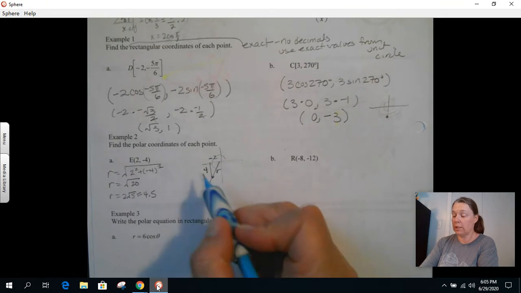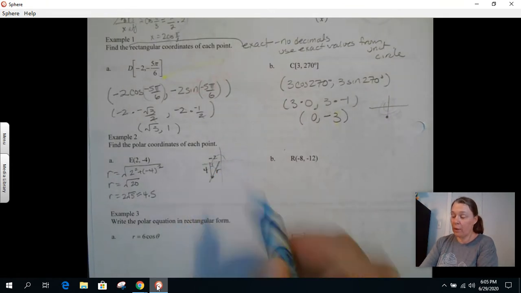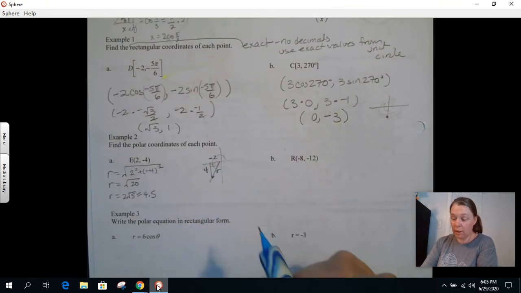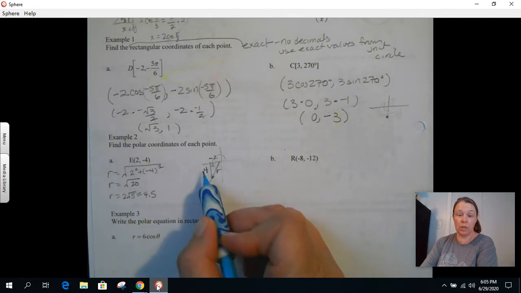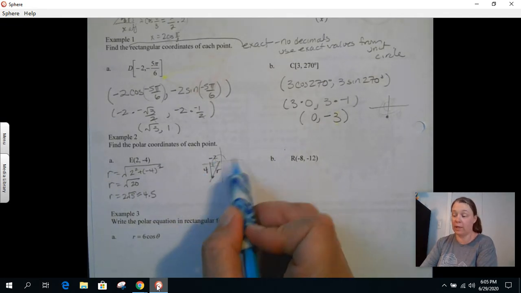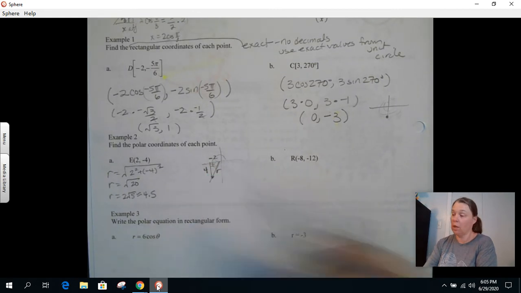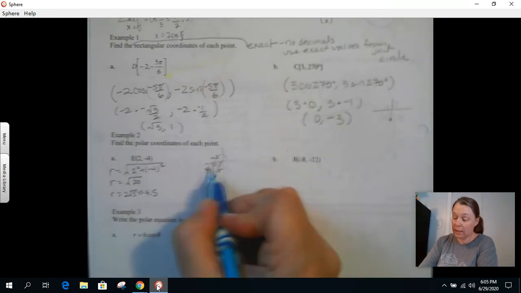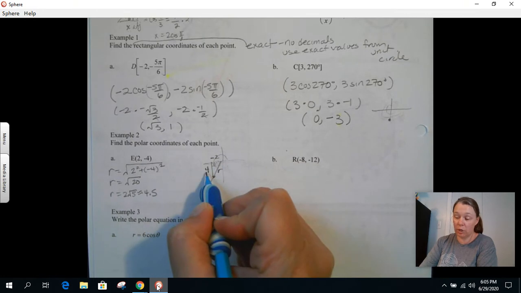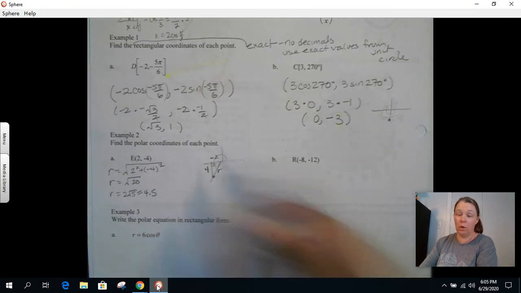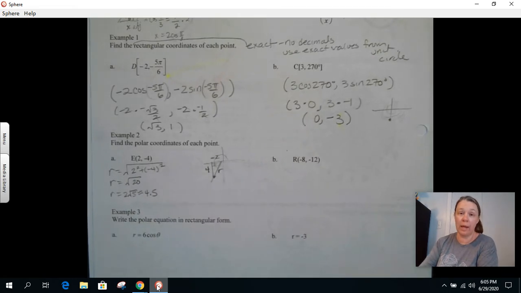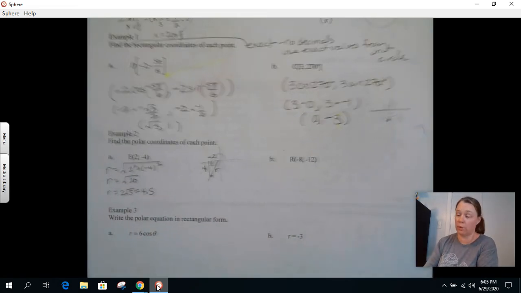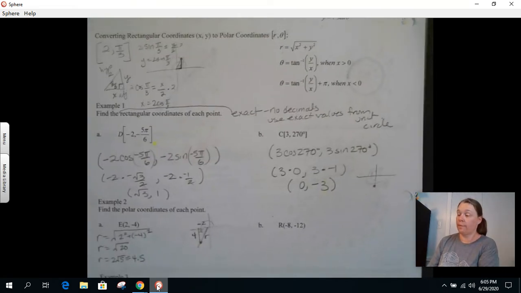And then I need to know this angle. And so if I want to know just this angle here, this is opposite, this is adjacent. I could do tangent and then take the inverse tangent, but then I have to think about the quadrant. So the way I would get this angle is to do the inverse tangent of 4 over -2. Well, that's the inverse tangent of my y value over my x value. This is like when you found the direction angles when you were doing vectors.